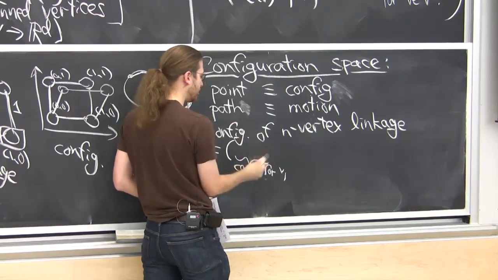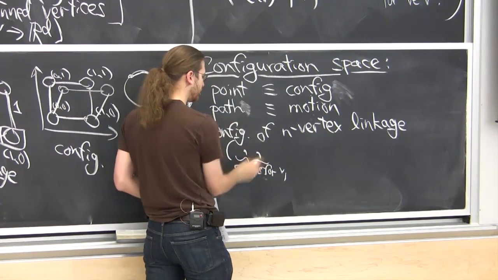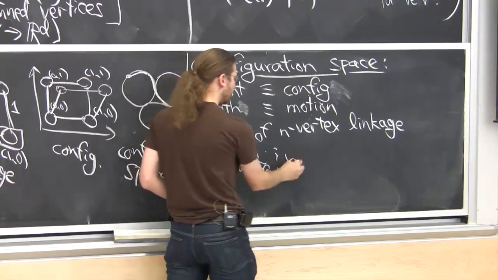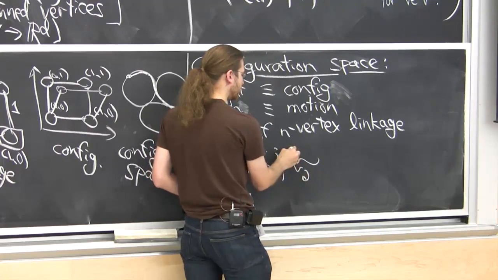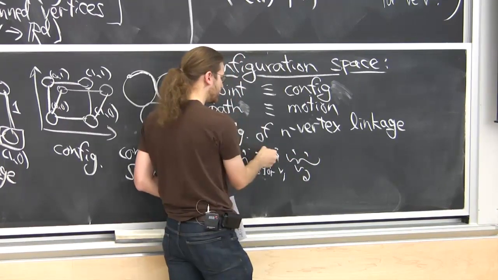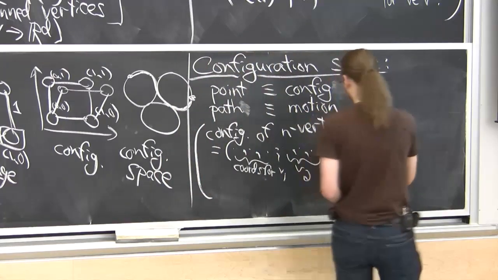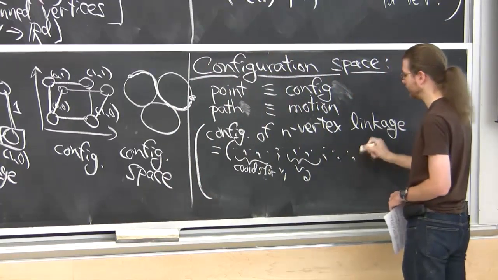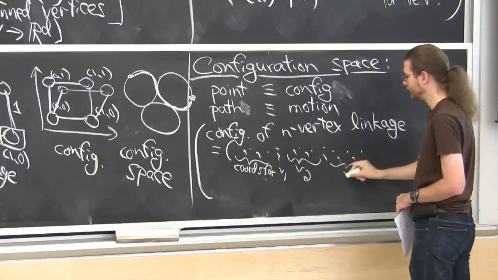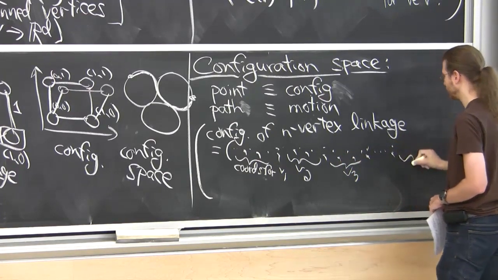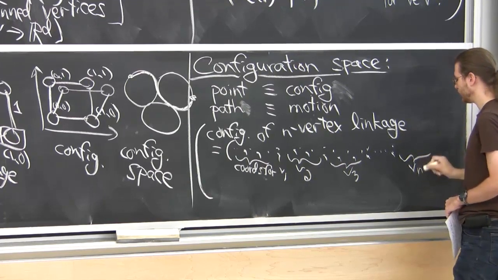So if we're in d dimensions, there's going to be d of these things. So you've got x, y, whatever. Then you could write down the coordinates for v2. Let's say we're in 3 dimensions, so we've got 3 values here. I'm not going to write down what they are, because I don't know what they are. Then 3 values for the third vertex, and so on for n vertices.